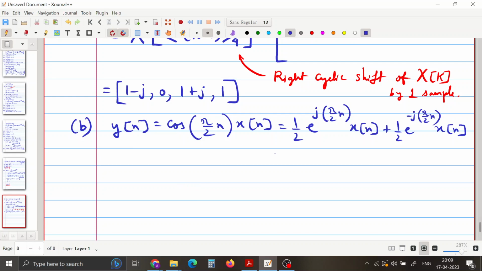So just doing that, this is half e power j 2 pi by 4 times n times x of n plus half e power minus j 2 pi by 4 n times x of n.